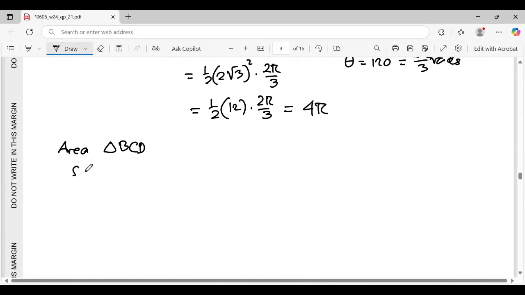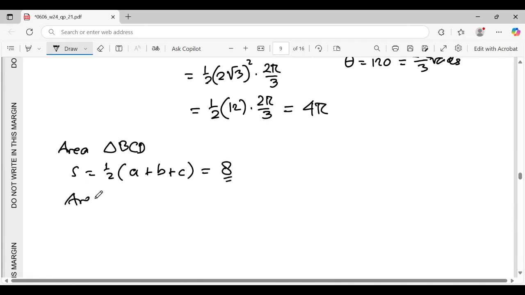Okay. s equals 1/2 times a plus b plus c. 5, 5, 6, the sides. It is 8. Because 5 plus 5 plus 6 is 16. 16 times 1/2 is 8.